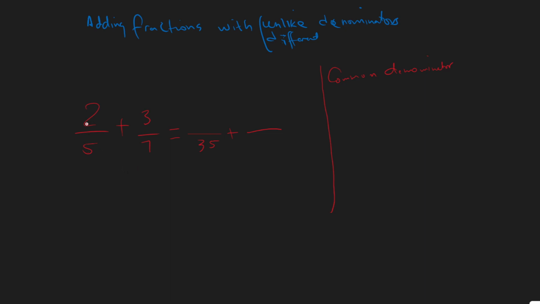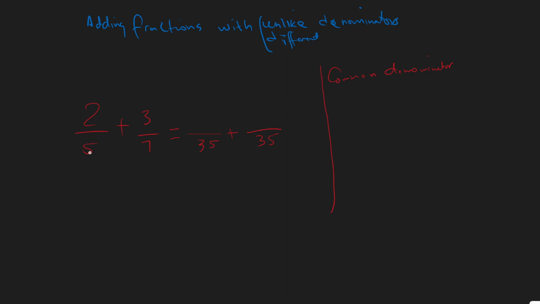And 5 times 7 for the second one, for the 3/7, is 35 as well. Okay, you see, we're trying to take this back to the example we did earlier with the same denominator. So when you get different denominators, you need to bring your fractions to the same denominator. You see where I'm going with this?